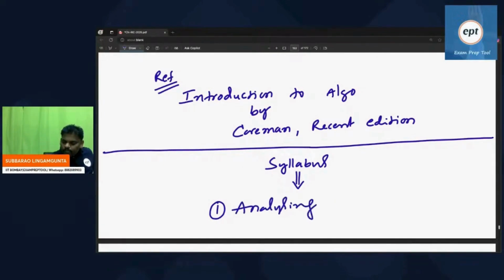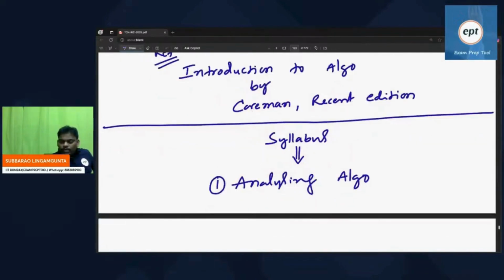That is the first chapter, where you will find out time complexity and space complexity.